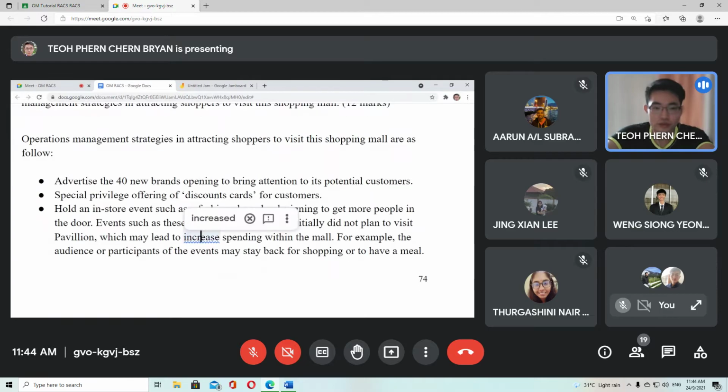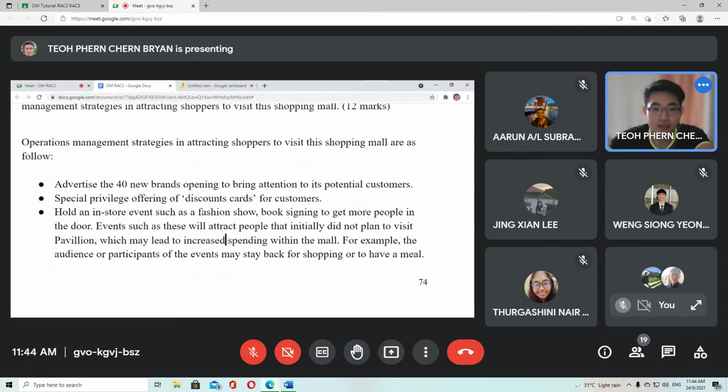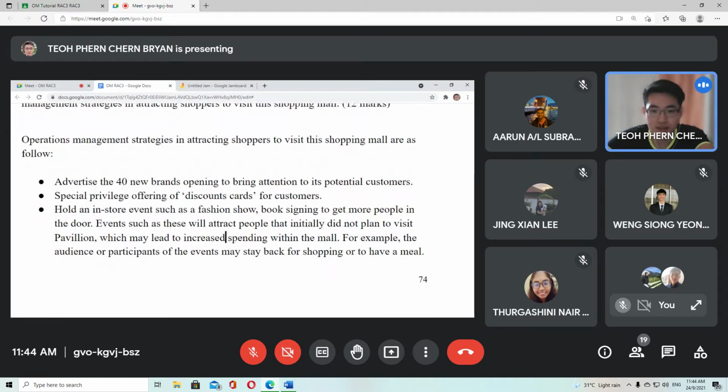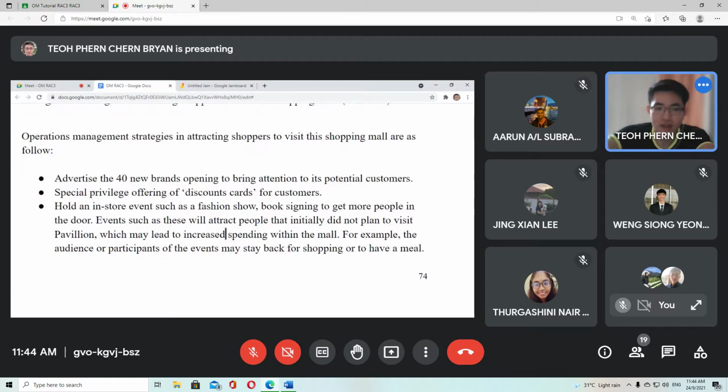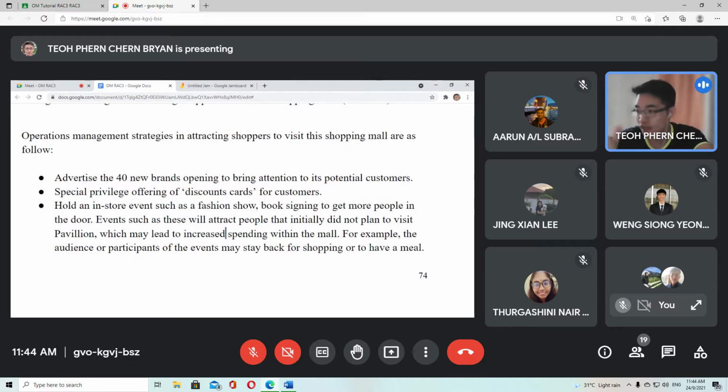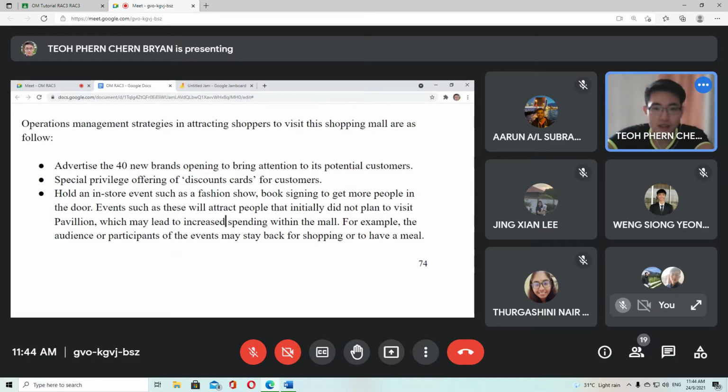So we want to increase our chances of getting full marks, right? So you just want to elaborate and make it longer. The more points you have and the more elaboration you have, the more you increase your chances. These types of events increase spending.